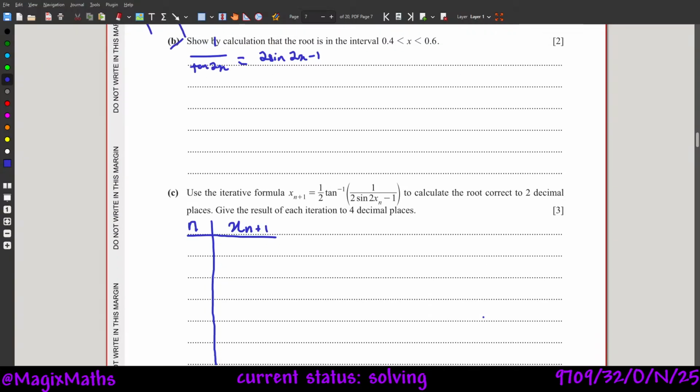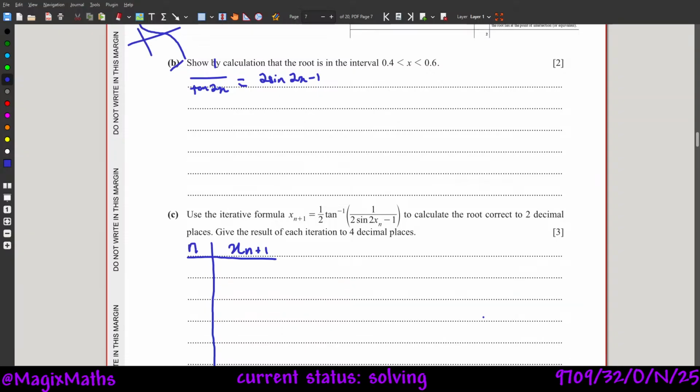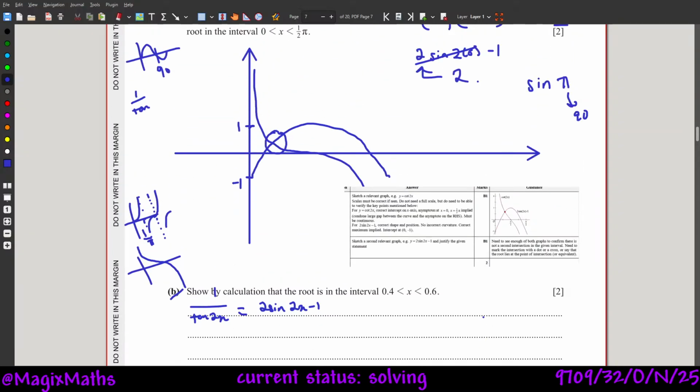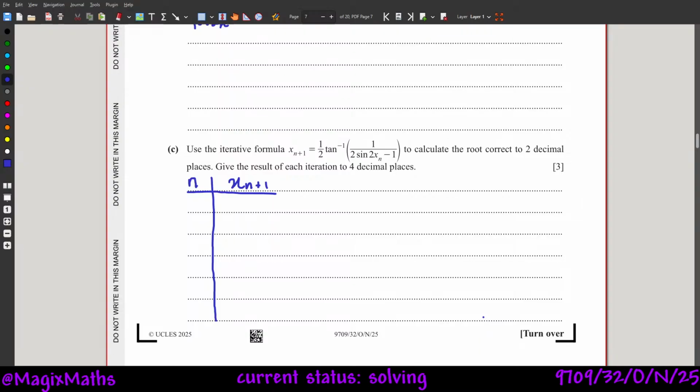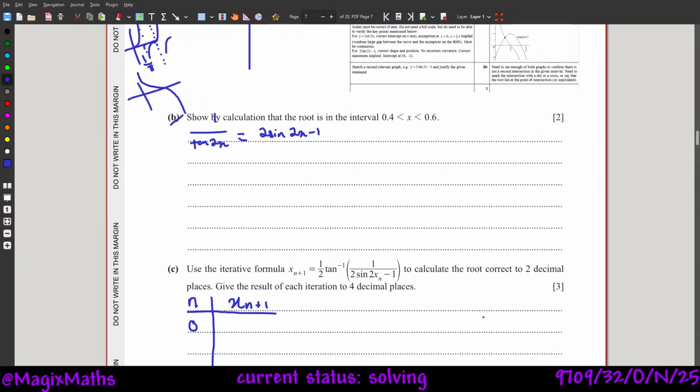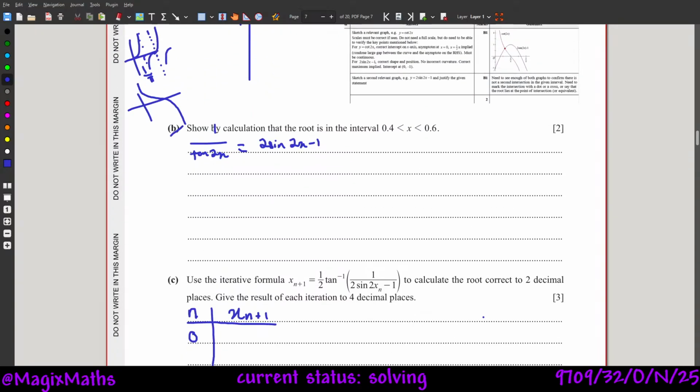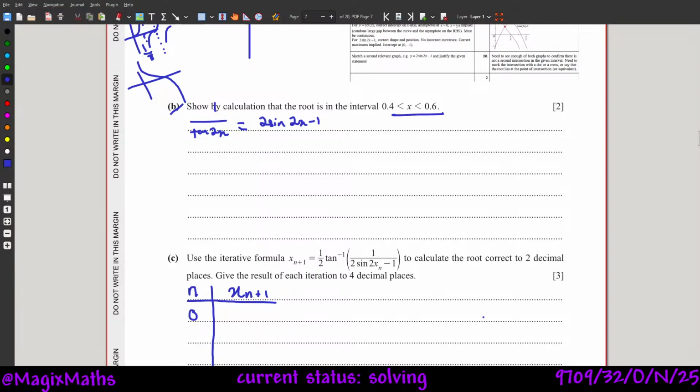We're going to use radian, make sure to use radian. So for our first iteration, we'll start initially with the root, which should be somewhere between this.